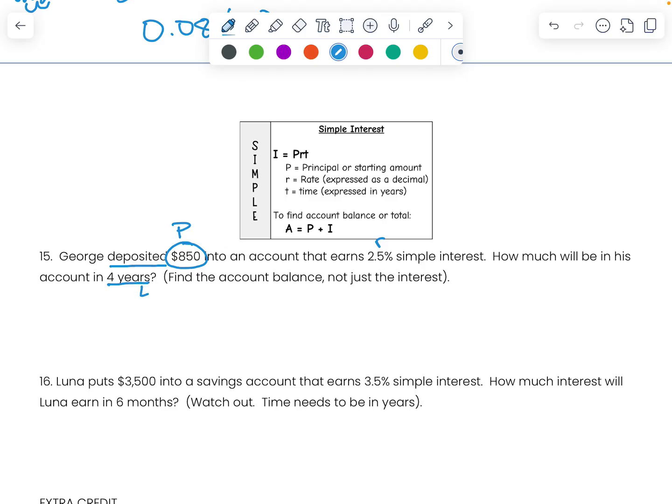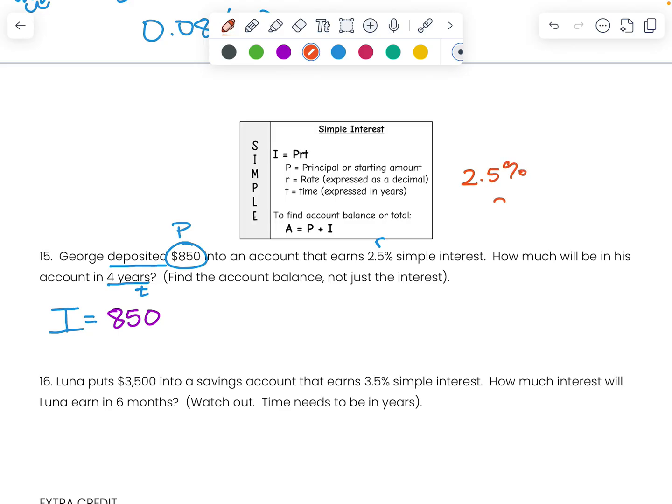So now we just found where the time comes in. It says find the account balance, not just the interest. So we're going to start with the interest. And Ms. Shaw was probably changing the colors on this, and I have not been doing that. So we have 850. Now our rate, before I do this, 2.5%.